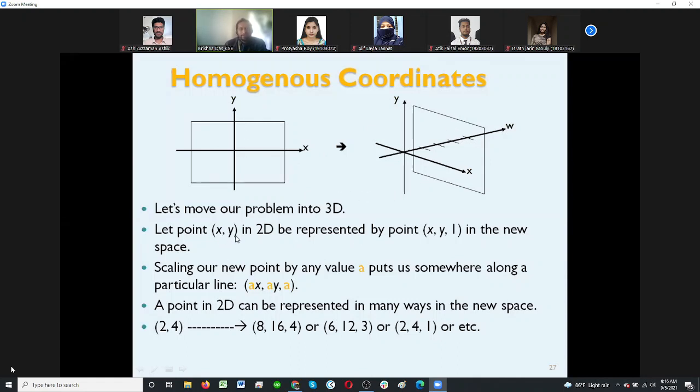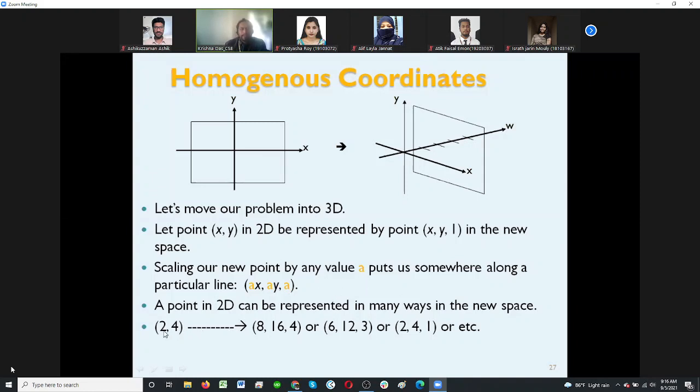Now if we have a point, say x and y, in 2D representation, we take that into the new space, which is called x, y, and 1. You see in here, that's the homogeneous understanding. Why are we doing it? Because every point that has x and y has somehow already been defined in a three-dimensional space.